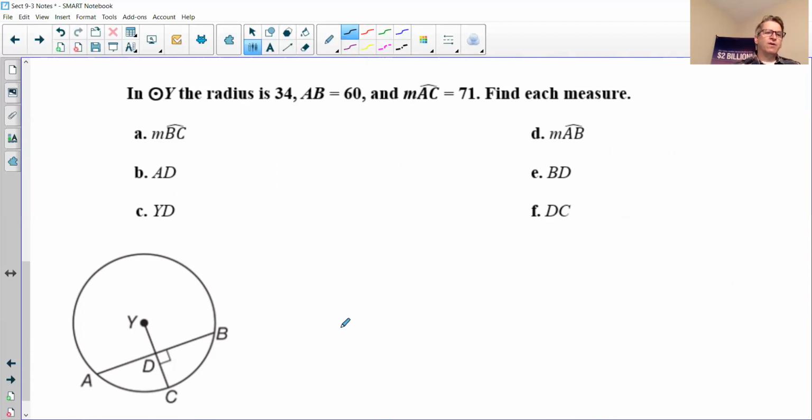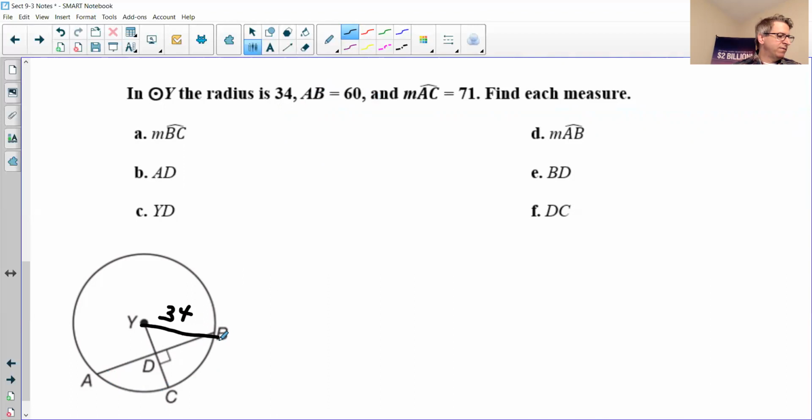Okay, so circle Y, the radius is 34. Okay, so I'm going to put that in right away. Radius is 34. Arc AB is 60, so you've got yourselves AB is 60.